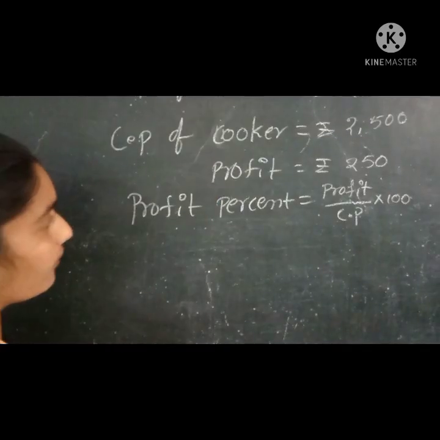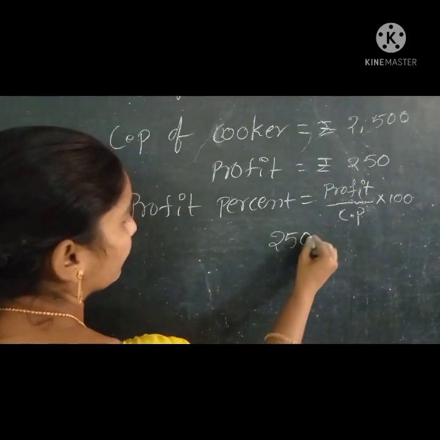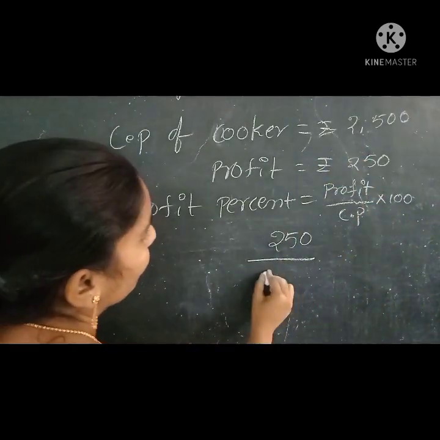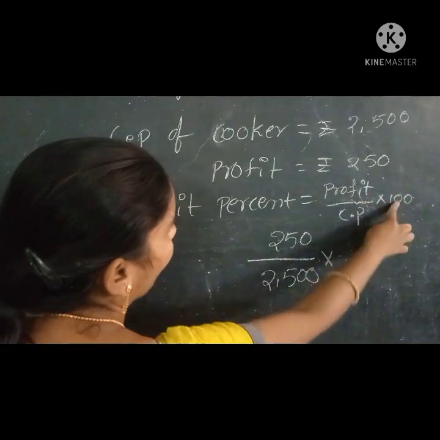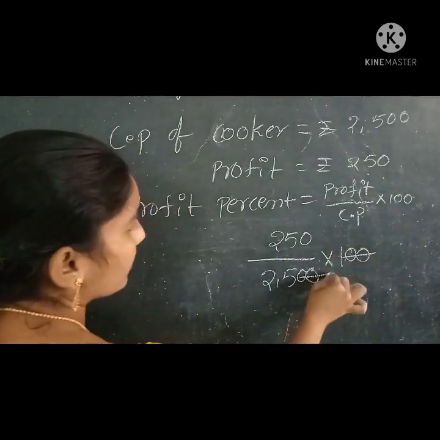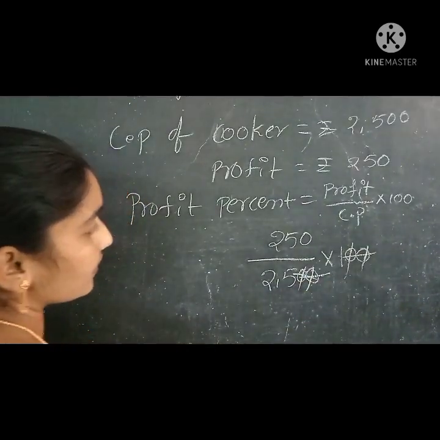How much rupees of profit? Profit is equal to 250 rupees by cost price is equal to how much rupees? 2500 rupees into 100. Okay. 2 zeros cancel.